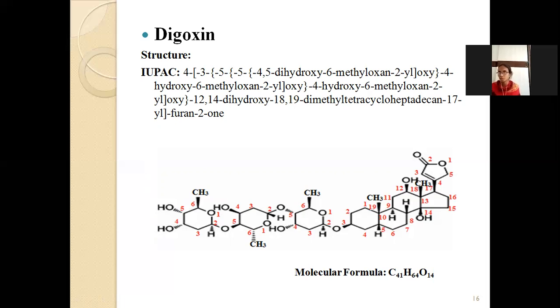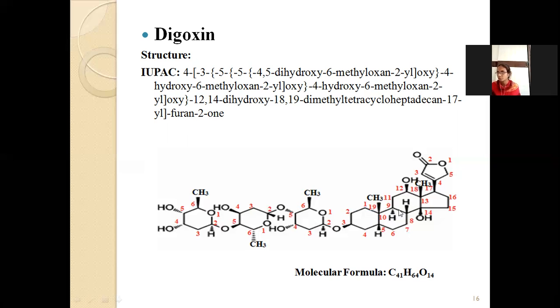See here, if you see in the structure, there is a five-membered ring. See here, furan. In the furan, in the second position, one oxygen is there, so it is furan-2-one. Again, in the fourth position... and here four cycles are there.